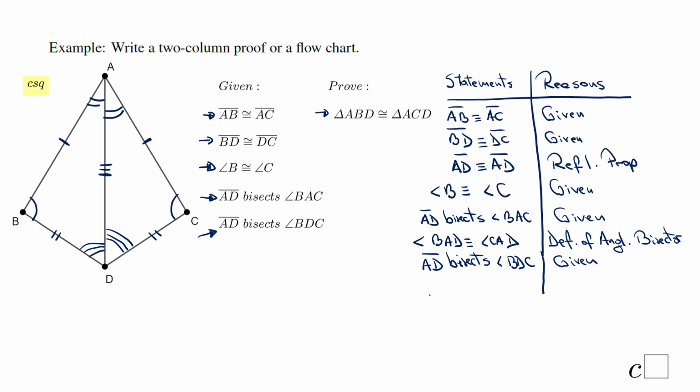Then we have angle BDA congruent to angle CDA. Okay, and that's also the definition of angle bisector.